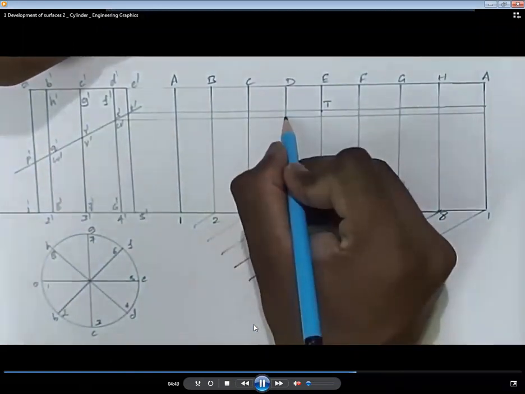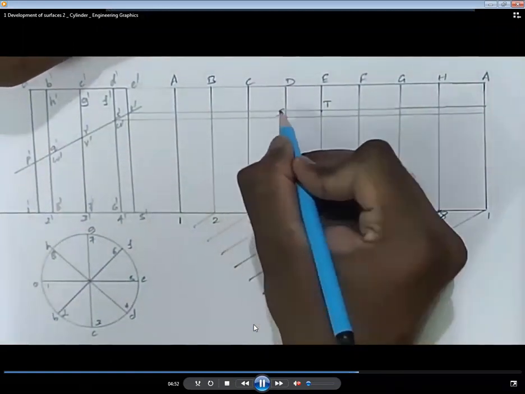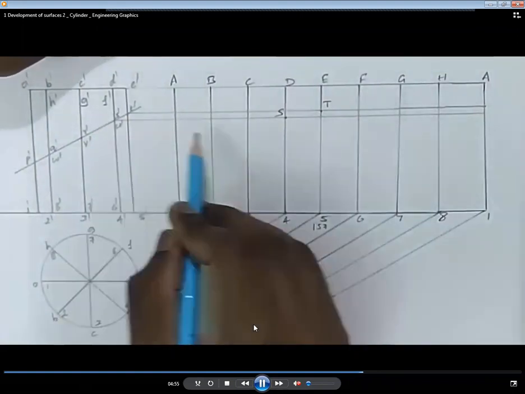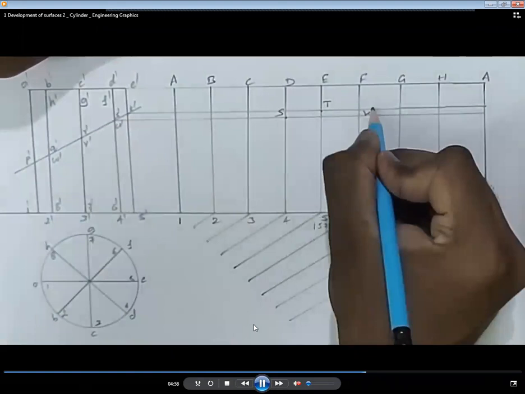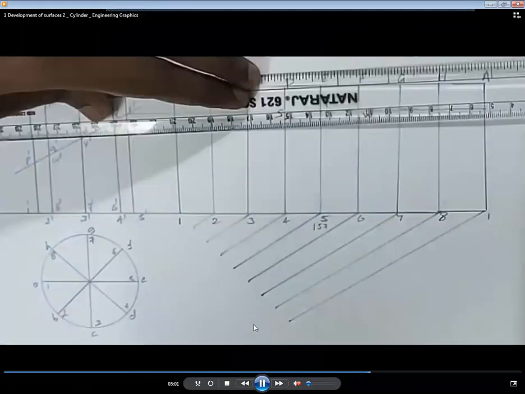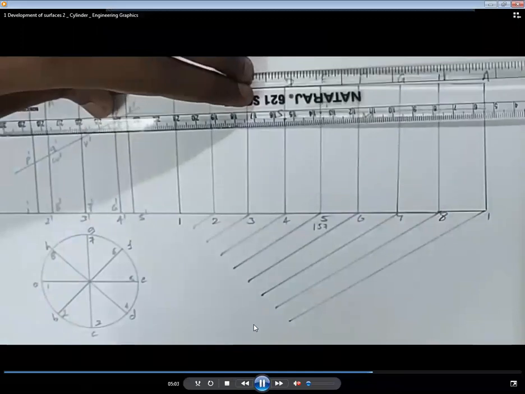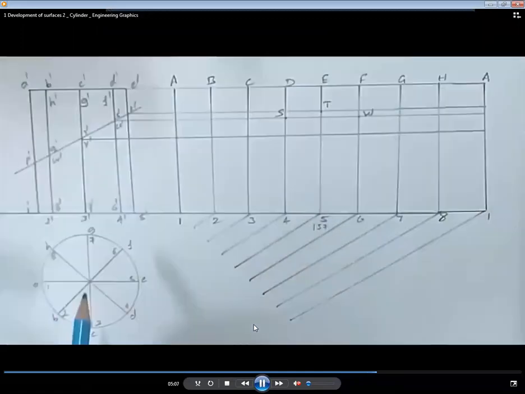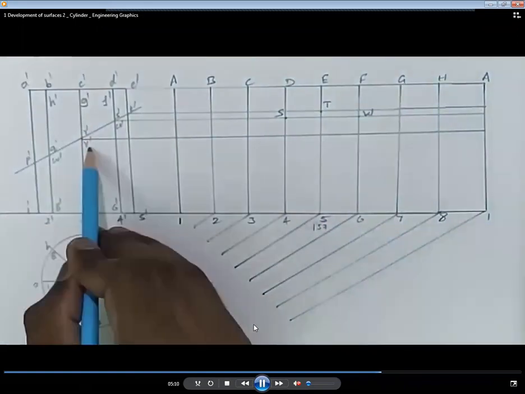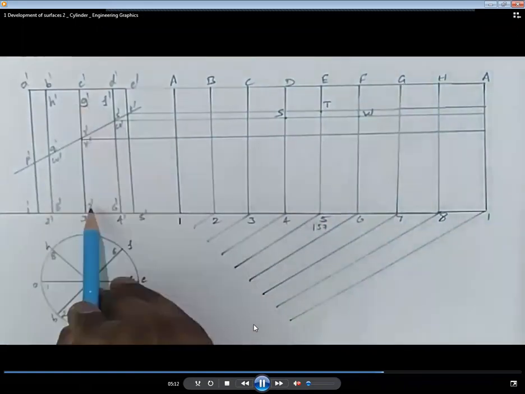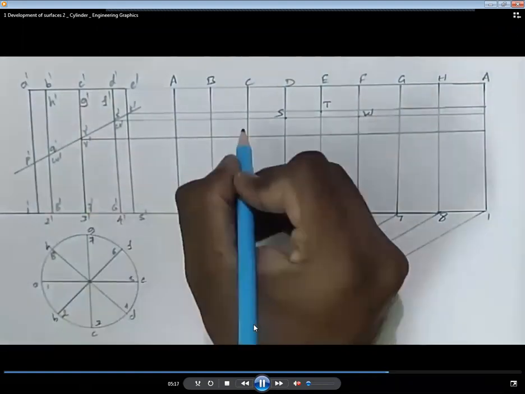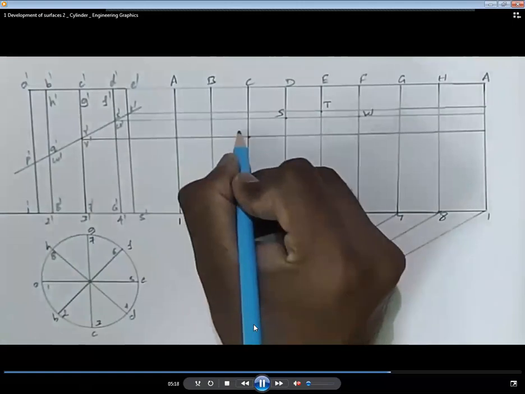S and W points will be on the line 4 and 6, or D and F. Similarly, R point will be on C or 3, C3 line, and 7 9 line, G and 7 dash.